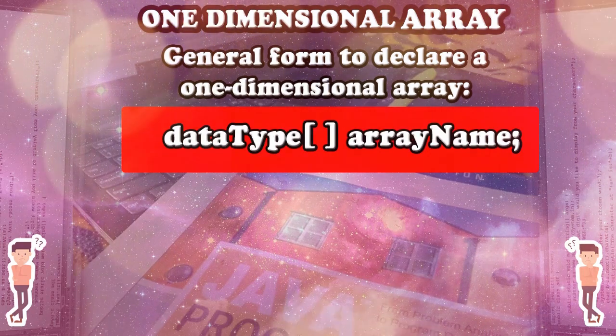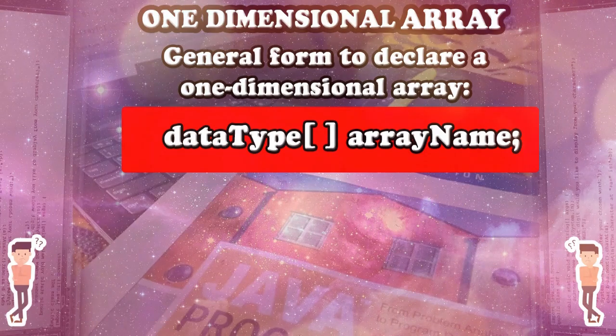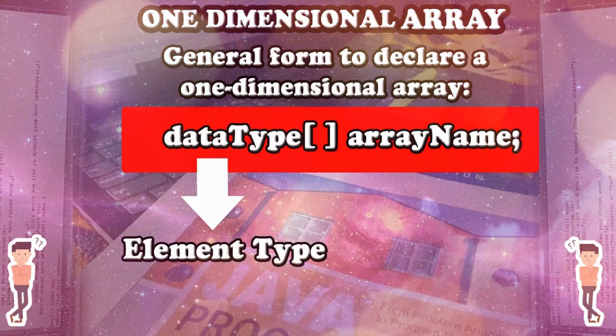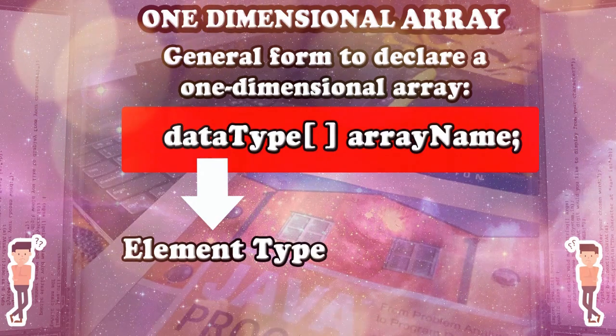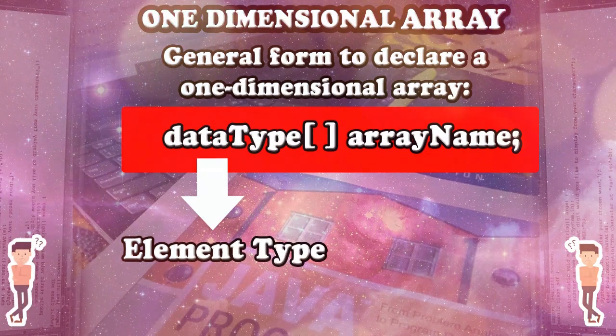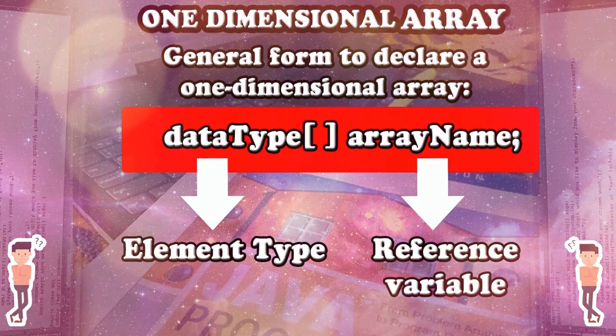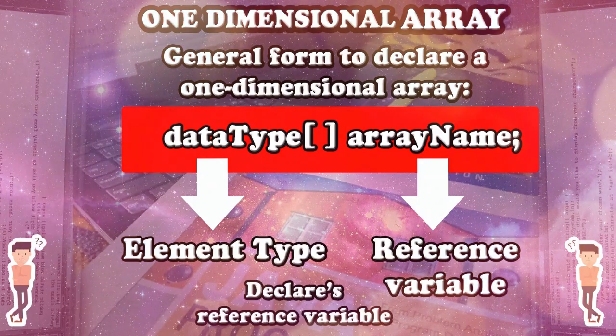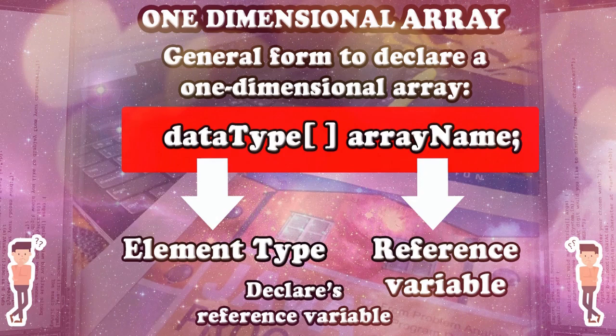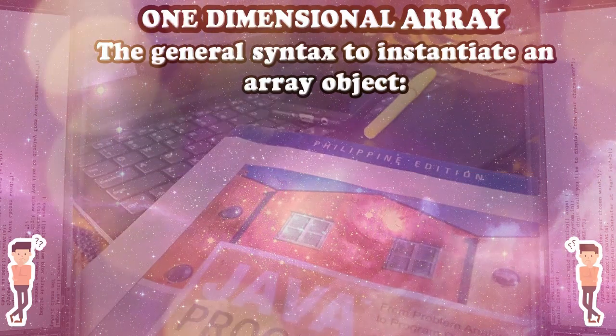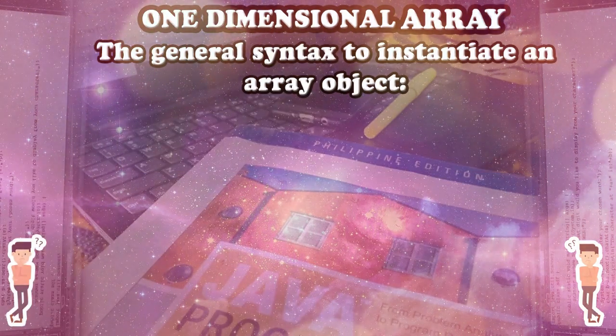Since in Java, an array is considered as an object, the array name in the general form of a one-dimensional array is known as a reference variable. So, before we can store data, we must instantiate the array object. In order to do this, we have the general syntax to instantiate an array object.